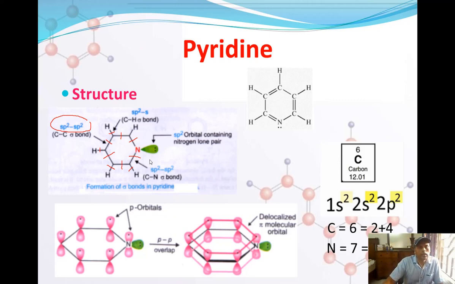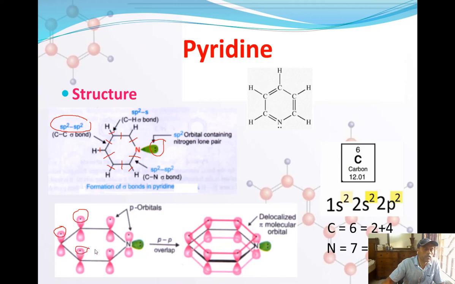Right, then the nitrogen will have two electrons in the sp2 hybridized orbital. Again, the unhybridized p orbital is going to have one electron in each of carbon and nitrogen. So each carbon will have one electron.